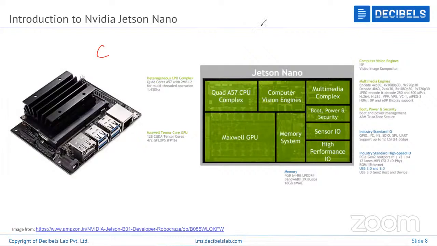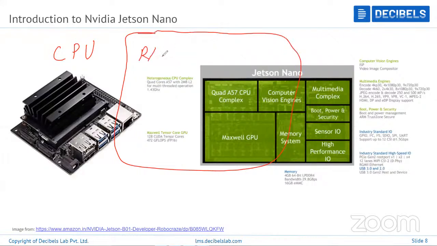In a CPU, we would have RAM, and then we would have storage, and then other components such as the processor and a graphics card. These are the basic things that we would look at.